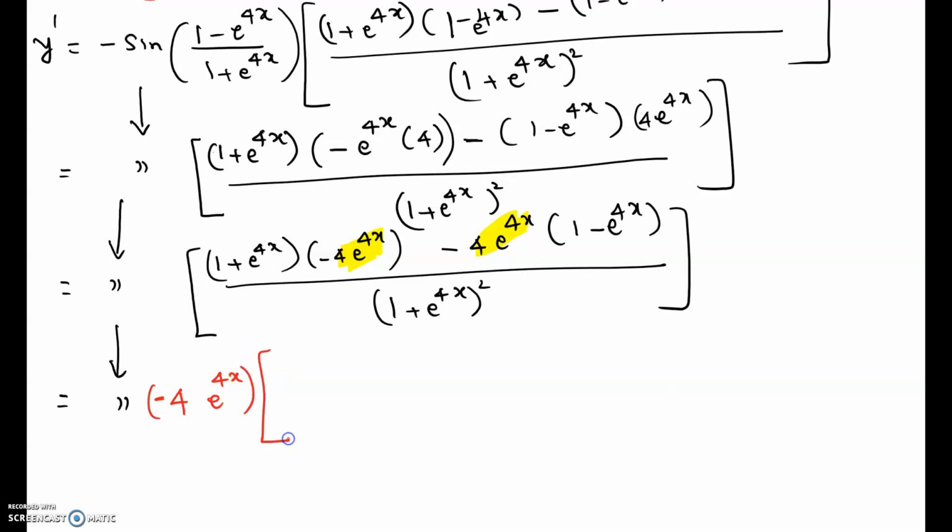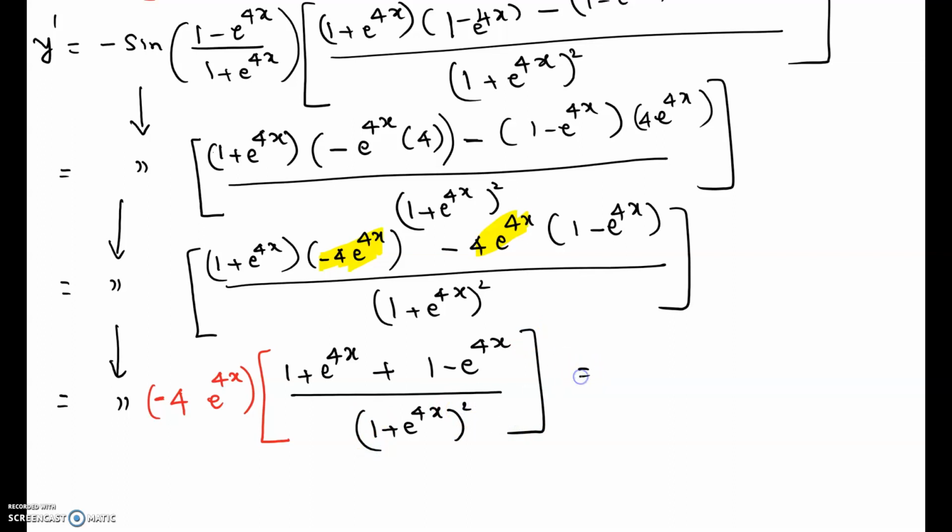Then we have 1 plus e to the 4x left. Because I have taken it along with the negative sign, I am left with 1 minus e to the 4x, divided by (1 plus e to the 4x) the whole squared.